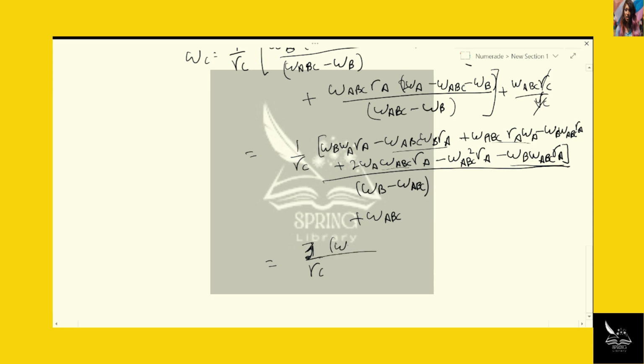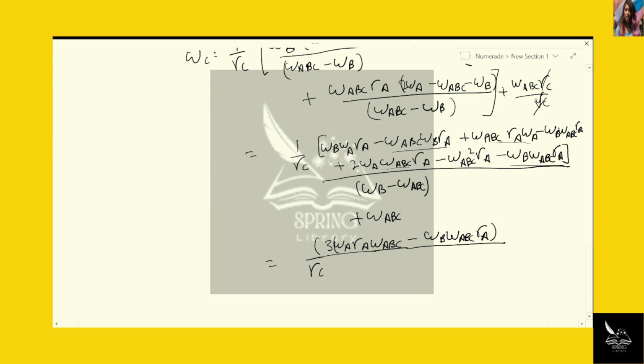this expression. No, this is only one of them. So what has added is omega A RA omega ABC. So 3 omega A RA omega ABC, and then minus 3 times again omega B omega ABC RA. That is fine.